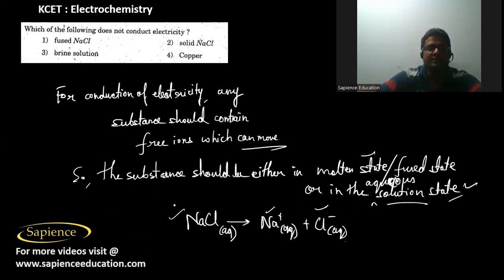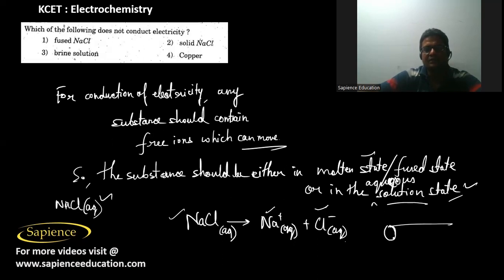And if it is in the molten or fused state, then also it can conduct electricity. Brine solution, meaning the aqueous solution of NaCl, and copper also can conduct electricity since it is a pure conductor.